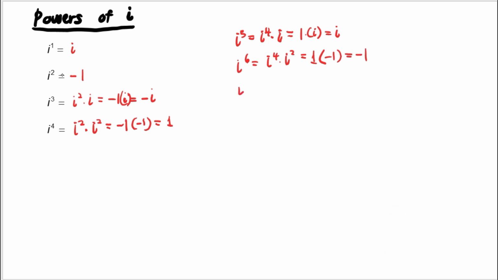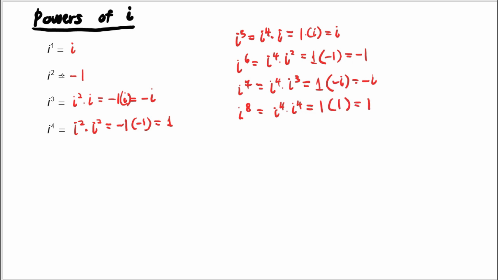i to the power of 7 will give you i to the power of 4 with i to the power of 3. So i to the power of 4 is actually 1, and i to the power of 3 is actually negative i. So this is actually negative i. And if you have i to the power of 8, this is actually i to the power of 4 multiplied with i to the power of 4. i to the power of 4 is 1, and 1 multiplied with 1 will give you 1.